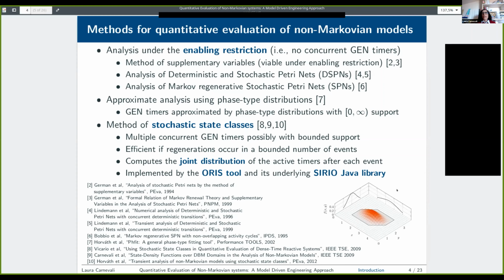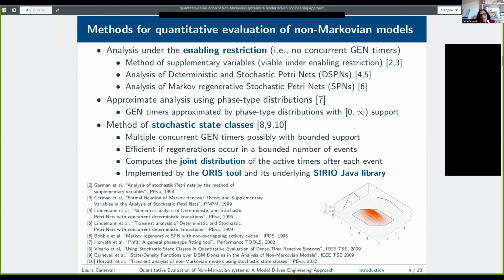So in each state there can be at most one general timer enabled. And so various approaches have been developed in this setting. Some of these approaches, in principle, from the theoretical perspective, could be applied also beyond the enabling restriction, but in practice, they encounter too much complexity to do that.